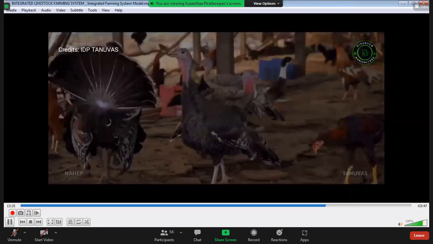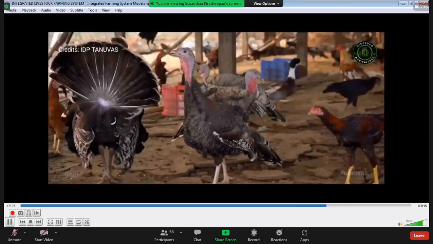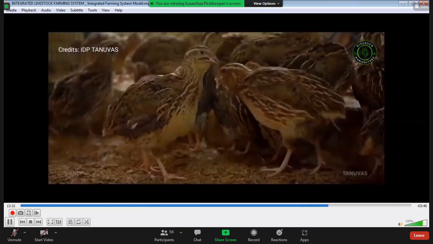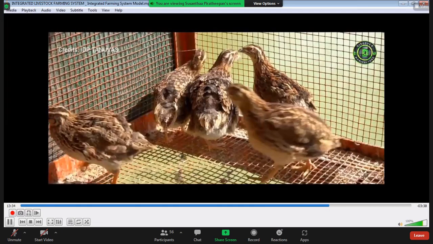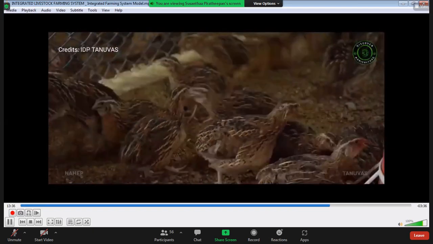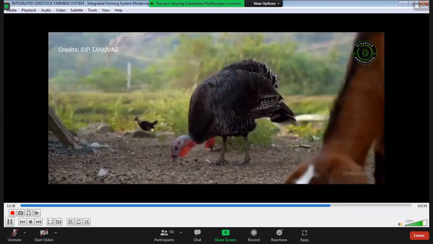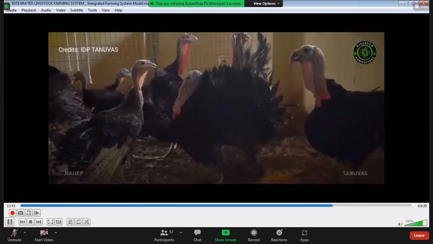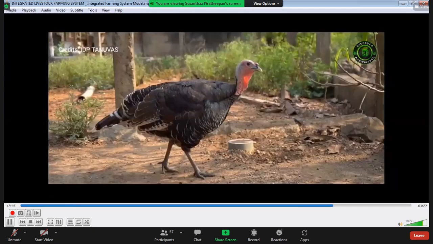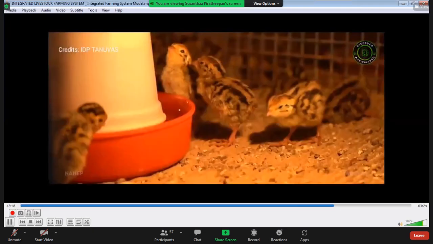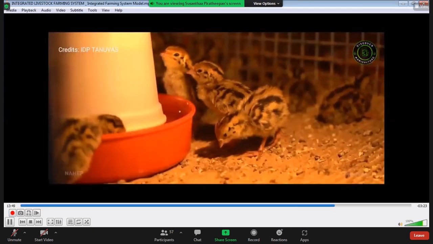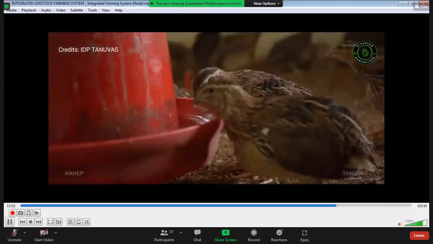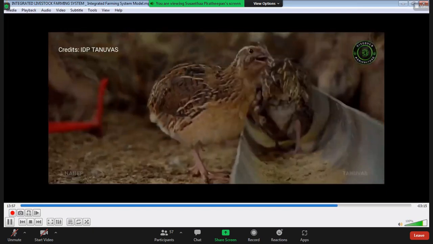A small unit of 10 to 20 turkeys or 200 to 300 quails may be reared in cages or sheds. The turkeys attain 3 to 4 kgs at marketing age of 5 to 6 months and can be sold during festive seasons. The Japanese quails shall be reared in cages and may be marketed at 35 days of age when they attain a weight of 200 grams.